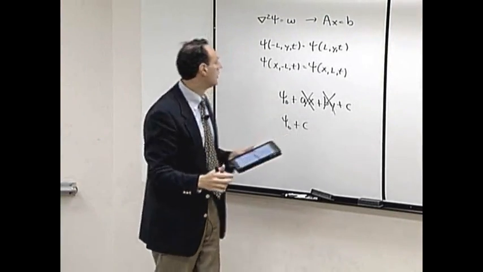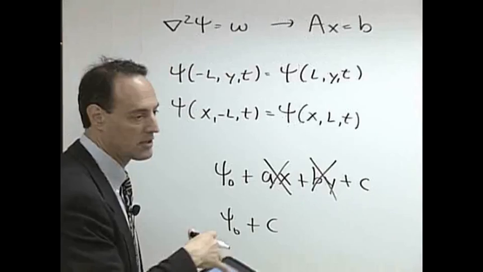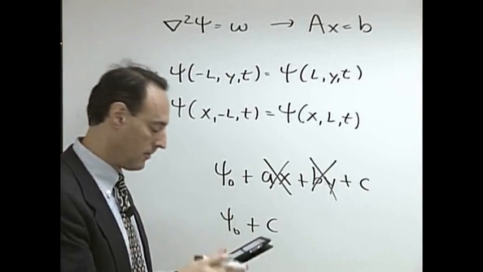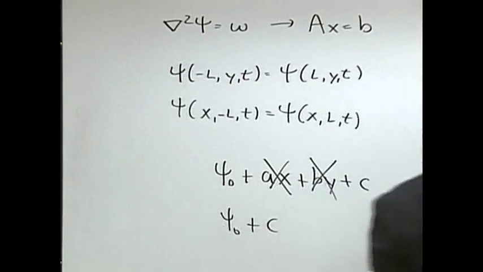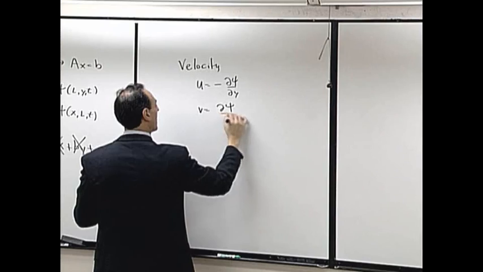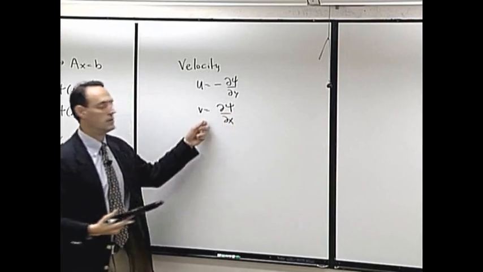But remember, the stream function is only a proxy for what you really have, which is the velocity field. The velocity fields are the quantities of real physical interest. And here they are. And I do believe I wrote them down wrong in class yesterday. One of them didn't have the right minus sign. Here they are.